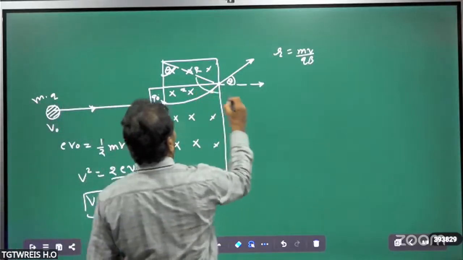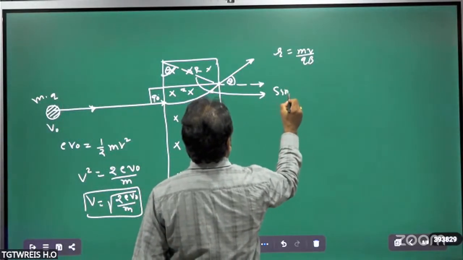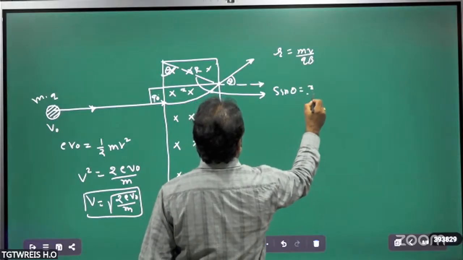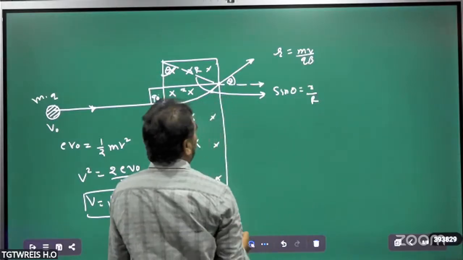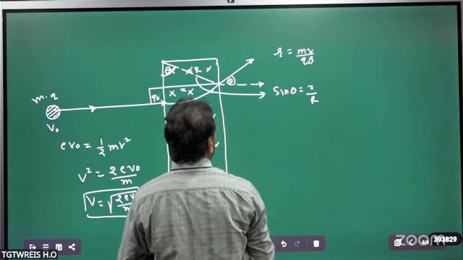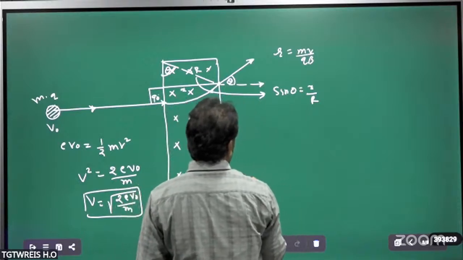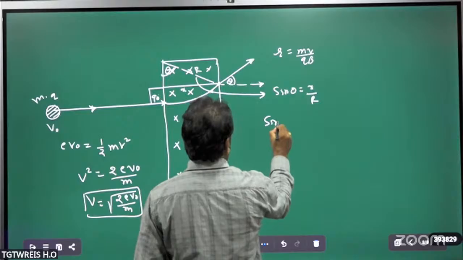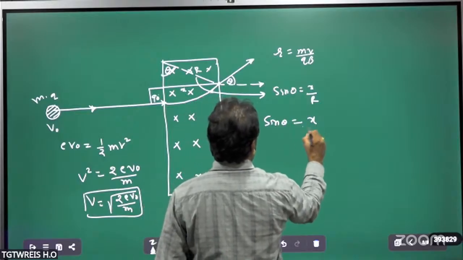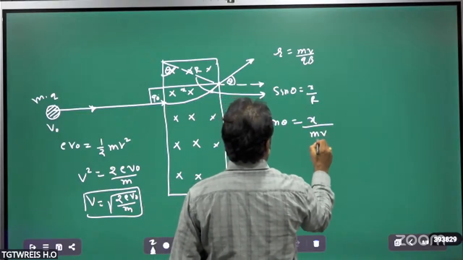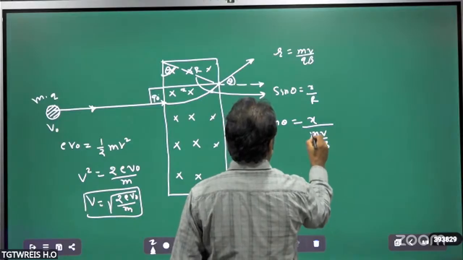From this triangle, sin theta is equal to x upon r. So sin theta is equal to x upon mv upon qB.